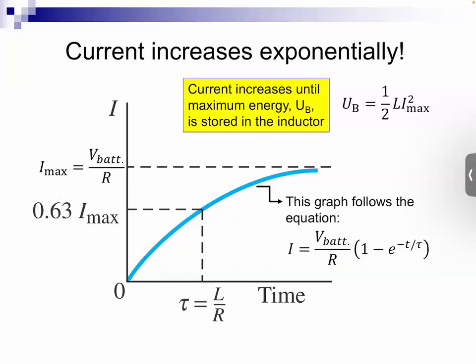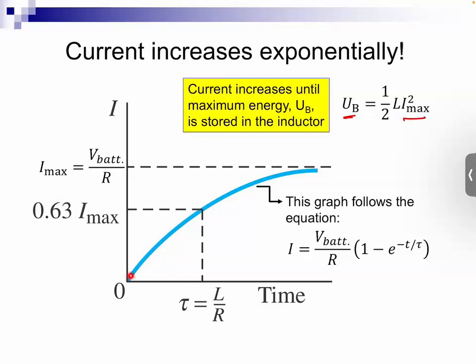And as time progresses, the current in your circuit increases according to the energy that's being stored in your inductor, right? And just a reminder, the energy that's stored in the magnetic field of the inductor depends on the current in your circuit, so that if your current is maximum, then you would have stored the maximum energy in your inductor.